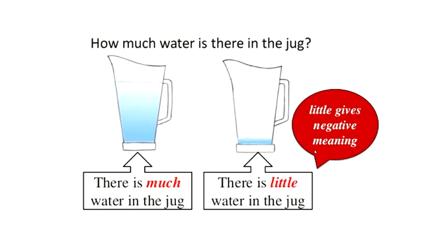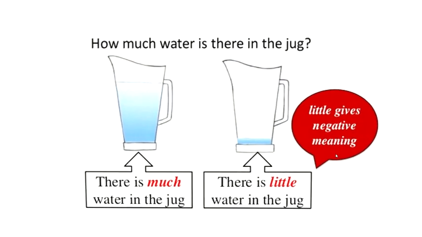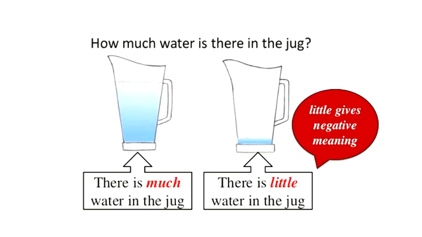Little means negative meaning. Means which is less. You can see in the earlier slide, a little word means positive. Means okay, something is there. Whereas little means negative. Not much. Okay? So the word much, the word little, they are adjectives of quantity.